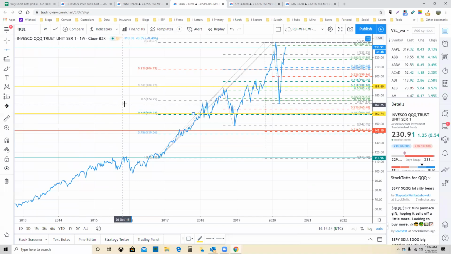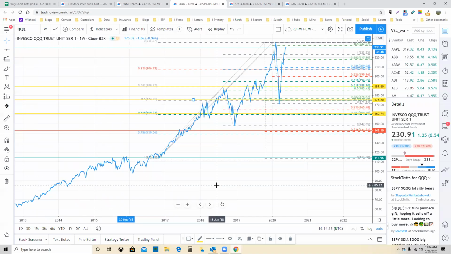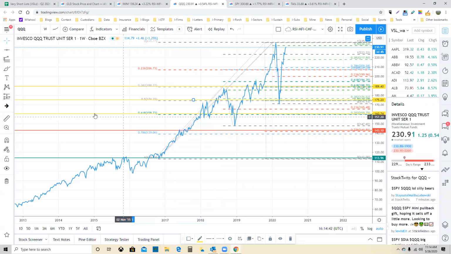Other thing to remember is if you've pretty much already won in the game of life, why have a lot at risk until you know that there's a really good opportunity, right? Big fib levels with some confluence of some retracements and some extensions. Boom, boom, boom. All right, let's take a look at that.